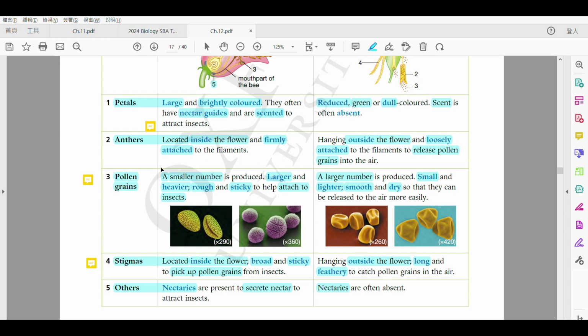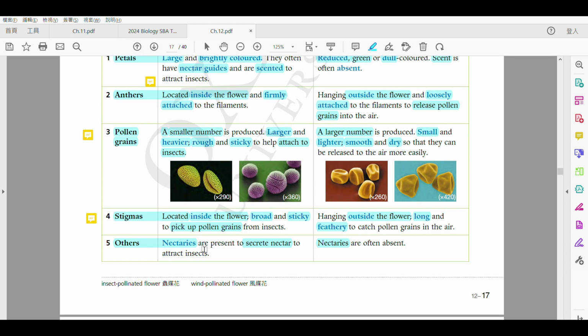And then we talk about the pollen grain features. If it is an insect pollinated flower, it will be a smaller number, usually larger and heavier at the same time, to help them stick or attach to insects. So they are usually rough.